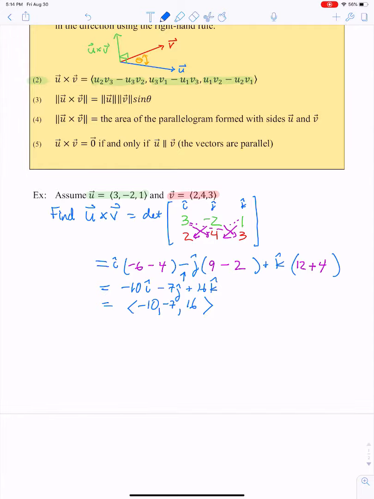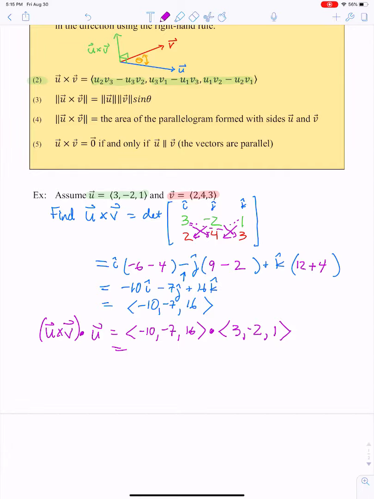Now keep in mind, it's supposed to be perpendicular to each of the first two vectors, and we have the perfect tool, the dot product, to check and make sure that that's true. If we wanted to check that u cross v dotted with u, well, that would be minus 10, minus 7, 16, dotted with our original vector u, which was 3, minus 2, and 1.